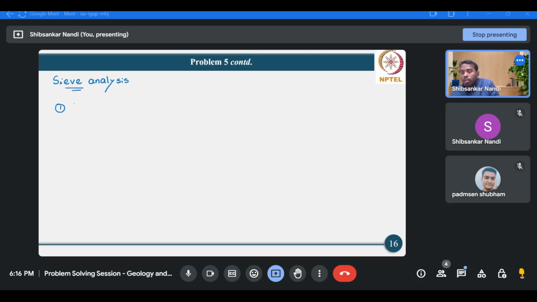First we can calculate the soil weight retained on a sieve, and we can calculate this by deducting the sieve weight from the combined sieve plus soil weight. Second, the cumulative soil weight retained on a sieve.